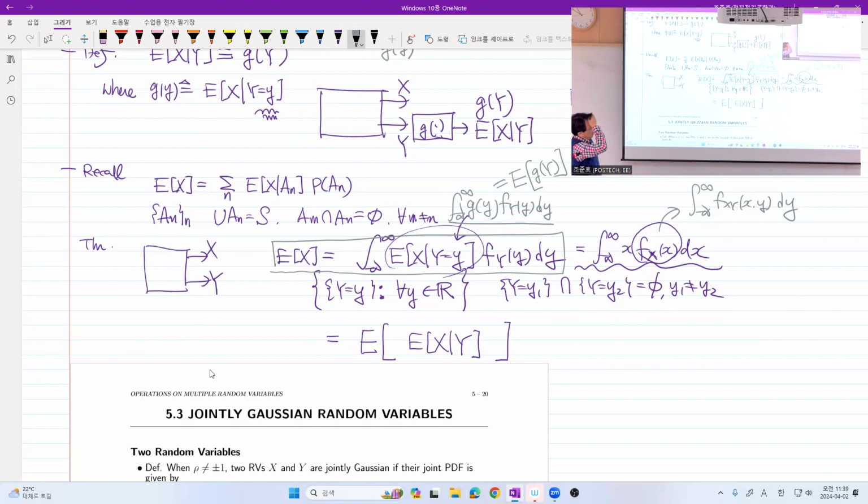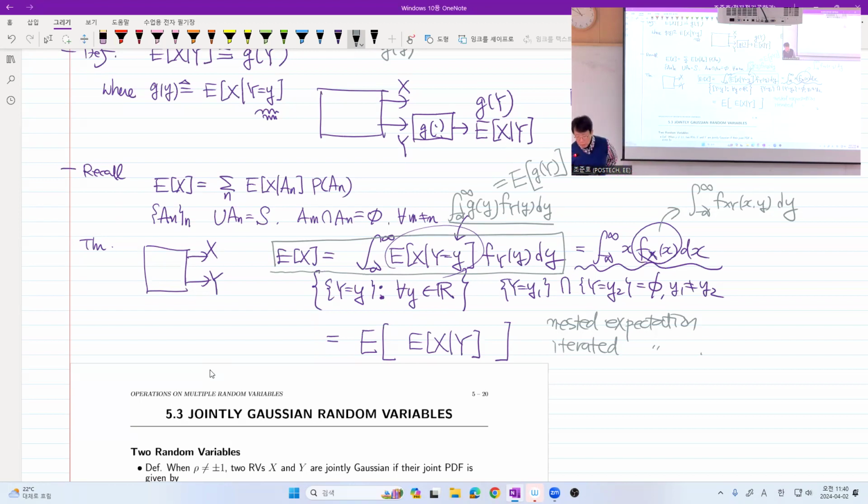So this is sometimes called nested or iterated expectation, and sometimes just called the total expectation theorem for two random variables. Got it? So you must be well acquainted with this notation.